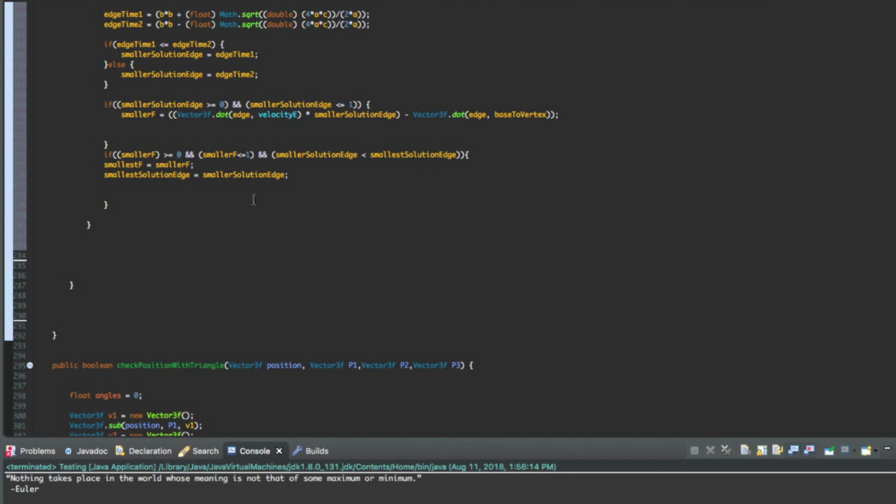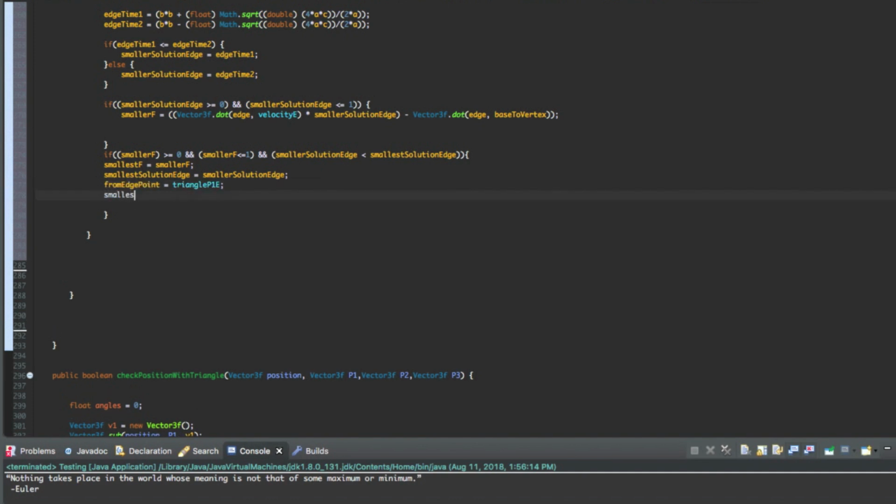And now we can say that the from edge point is equal to our triangle P1E, and that the smallest edge is equal to edge. And then we can do the exact same thing as we did before and copy that chunk and paste it back in.